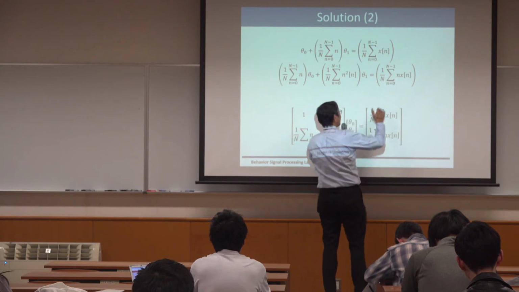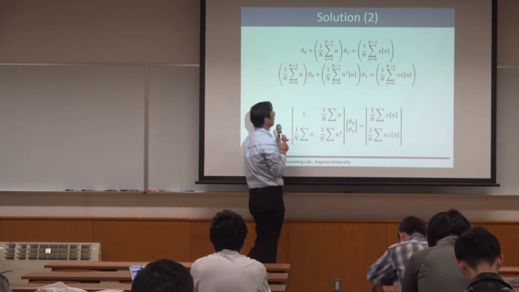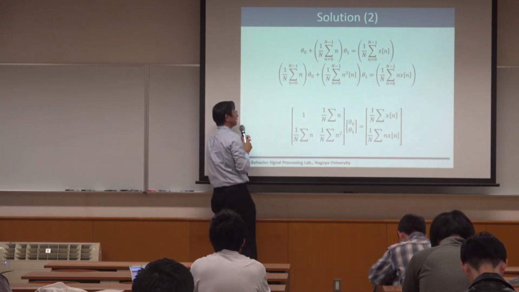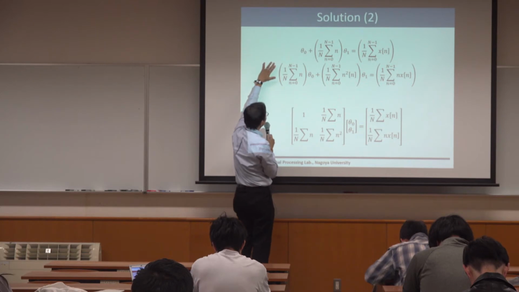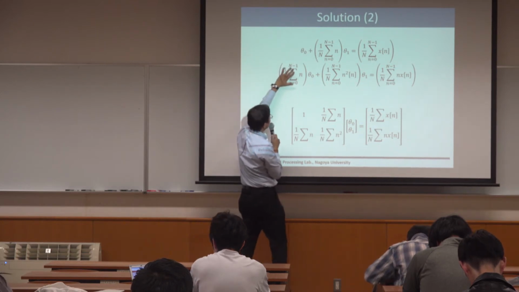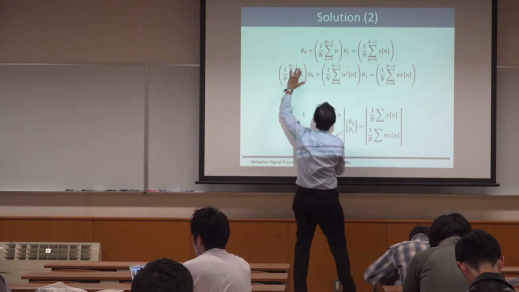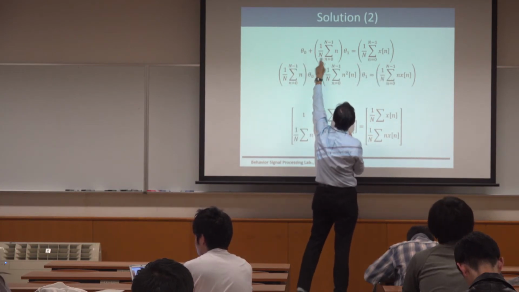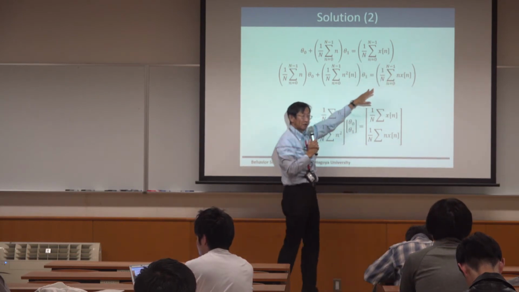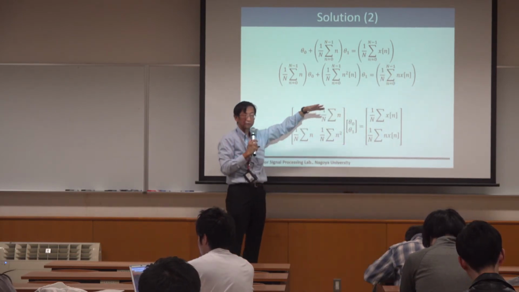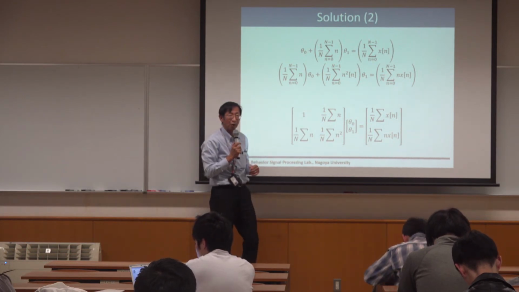So an ordinary least squares solution can be solved in this form. Here, x is the simultaneous solution, theta 0 and theta 1. I don't know how much you know about linear algebra or matrix theory.